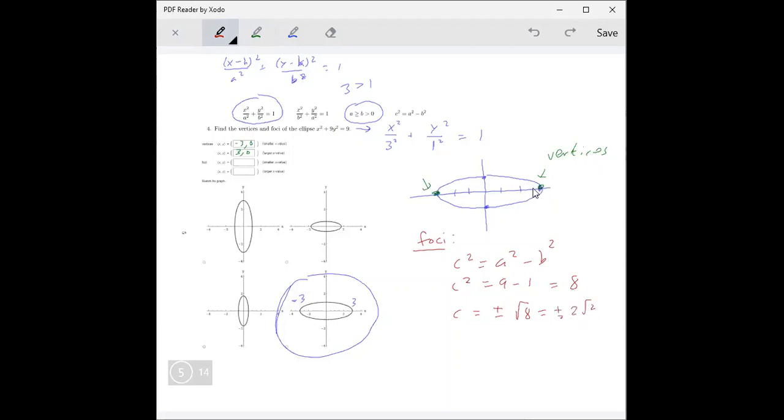What that means is your foci are going to be here and here, where this is 2 root 2 and this is negative 2 root 2. So negative 2 root 2, 0, and 2 root 2, 0.